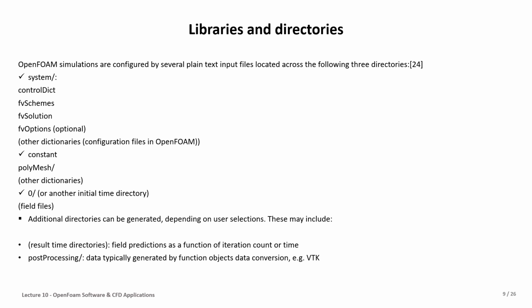The zero directory usually focuses on the initial time directory. Also, it's possible in post-processing to convert data to VTK format and visualize them in ParaView. These things you will see most practically in the cases that we will run in the second part of this lecture.